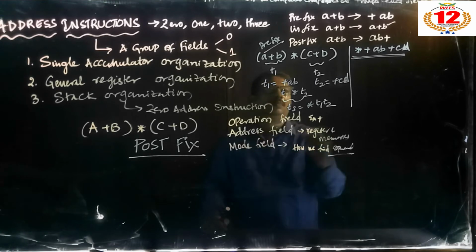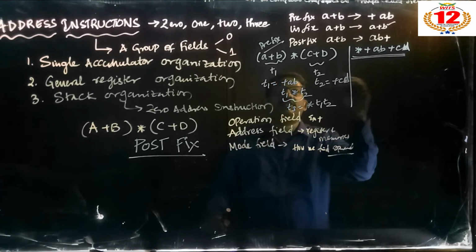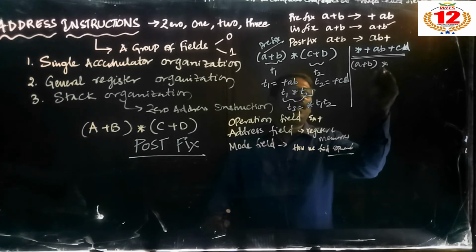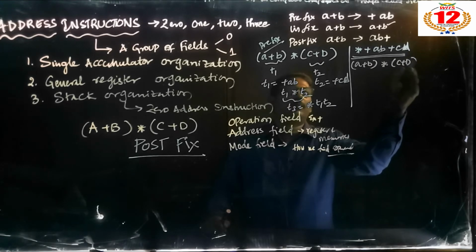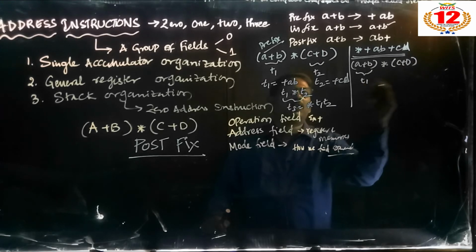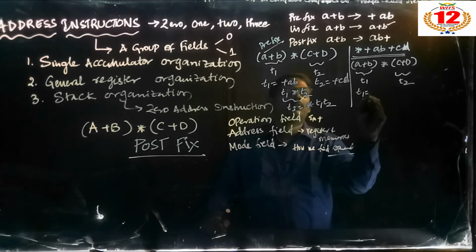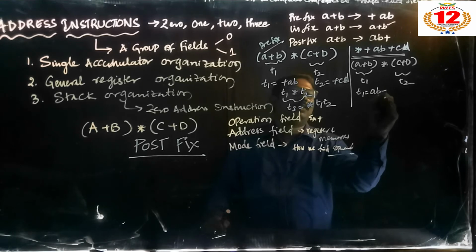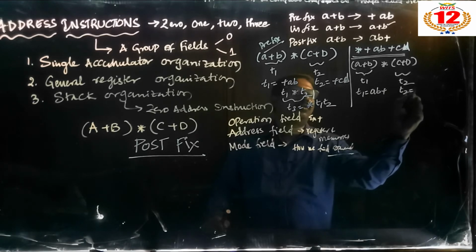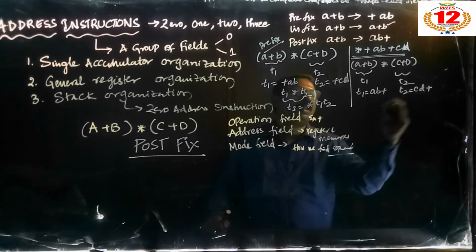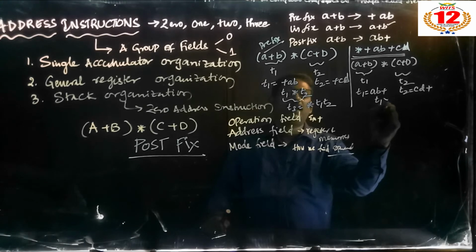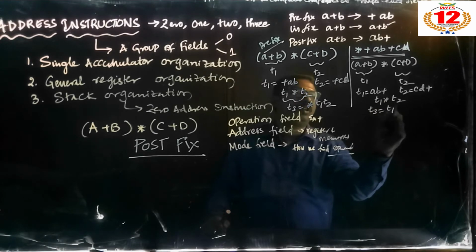What we need is the postfix. For postfix, the same thing: A plus B asterisk C plus D. This is T1, this is T2. T1 equals AB plus, T2 equals CD plus, then T3 equals T1 T2 star.